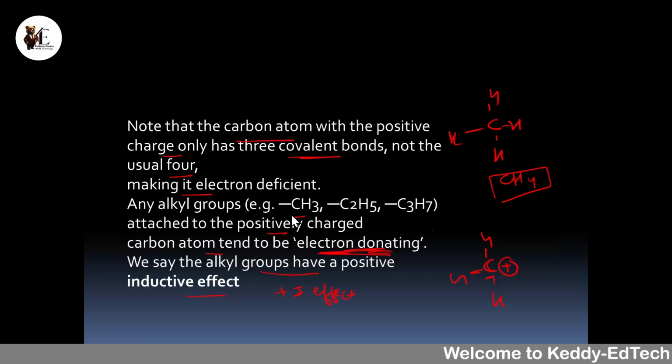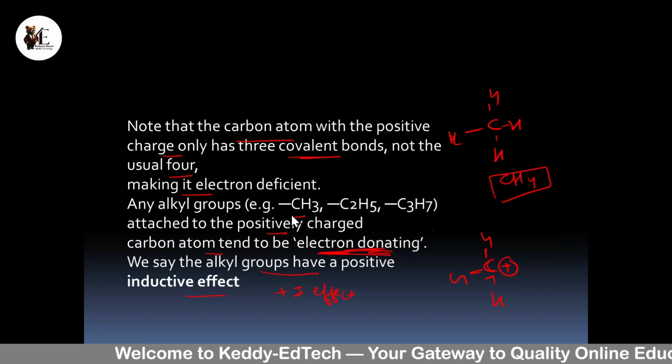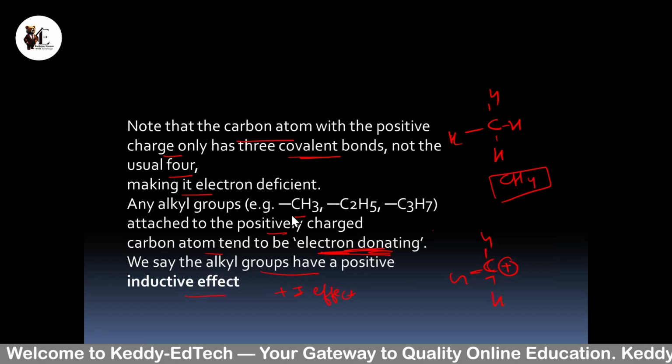Okay. Write down the explanation: due to inductive effect, 3-degree carbocation is more stable as compared to 2-degree and then 1-degree.